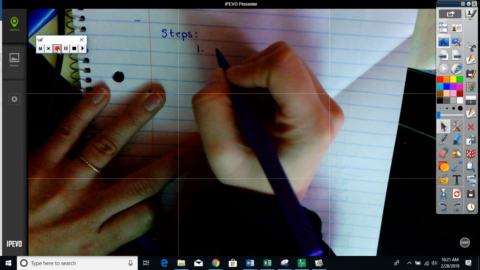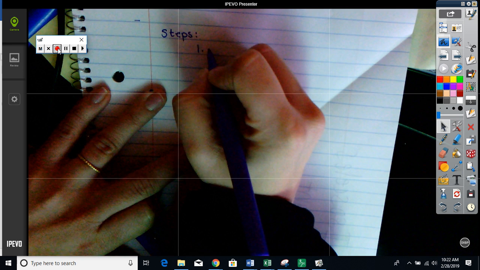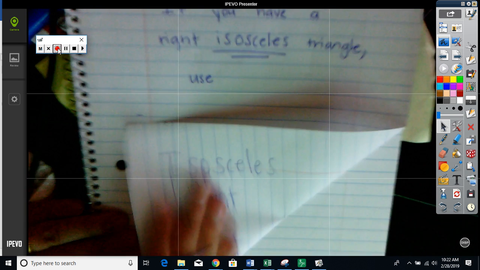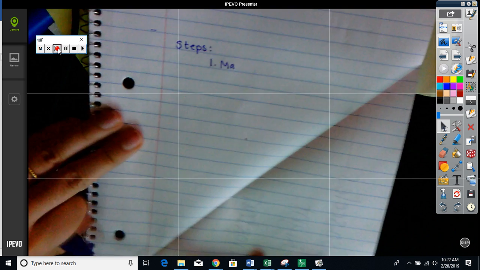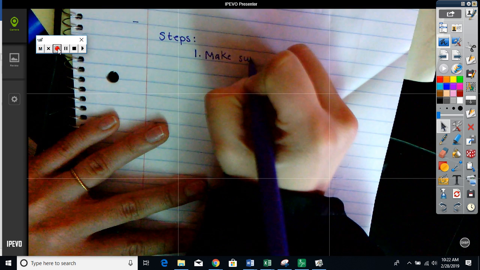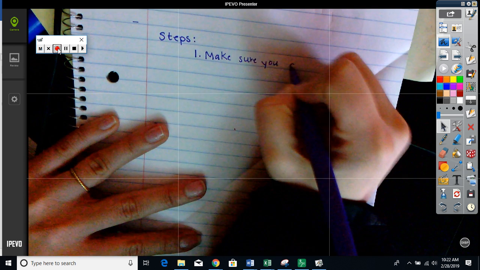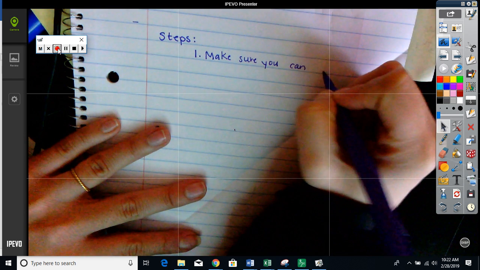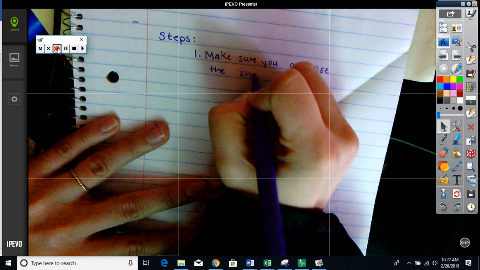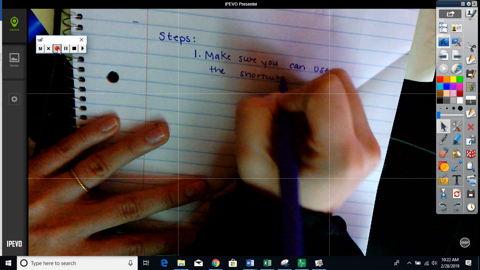This is page 49. It's the one that we started yesterday. Yes, open up the flap, Ali. It's still page 49. So you're going to make sure you can use a shortcut because you can't use it for every triangle.